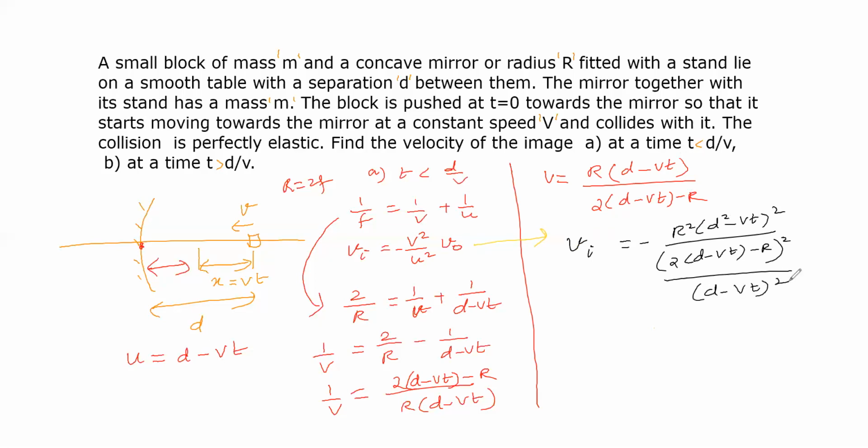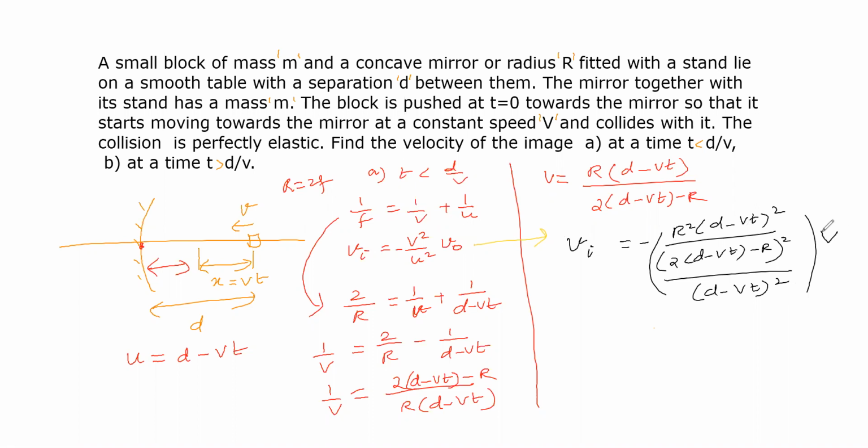V naught is the velocity of the object, the velocity of the block, which is v.